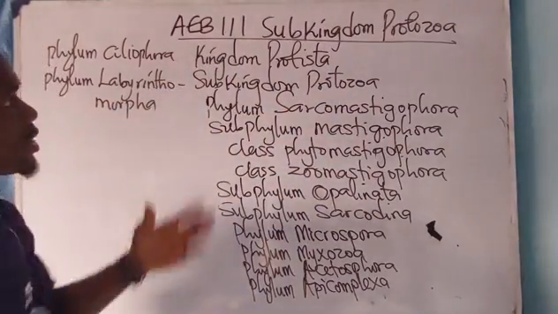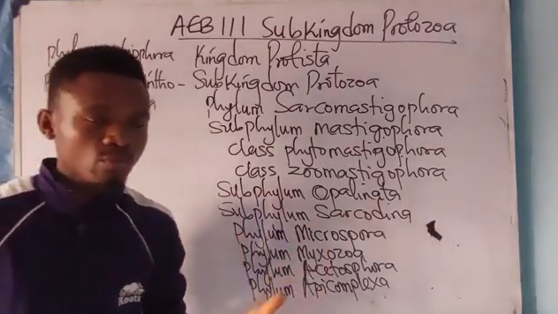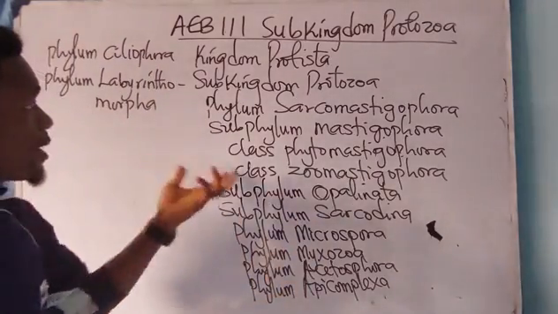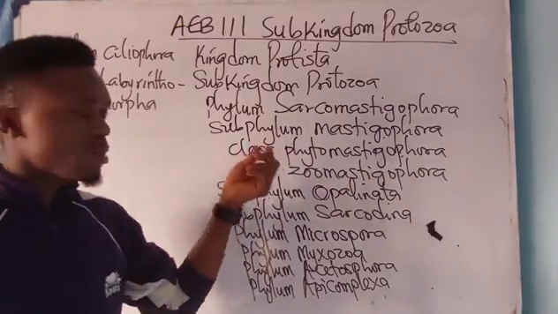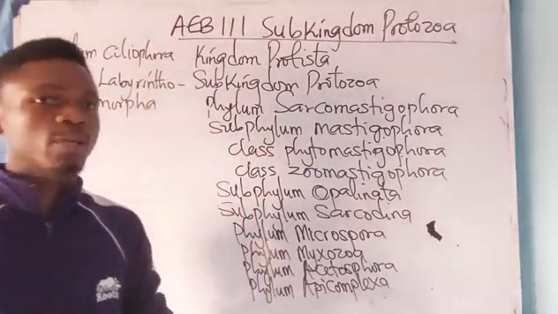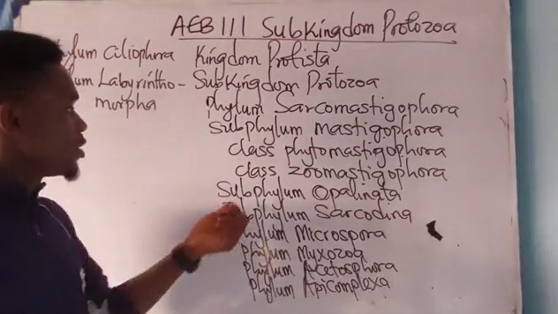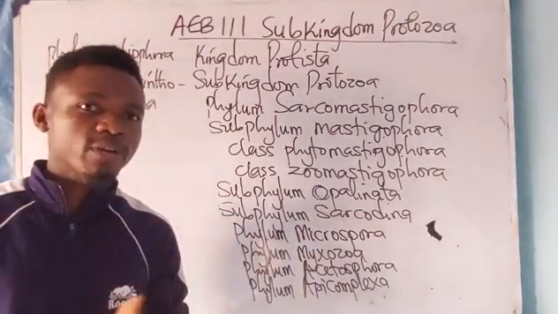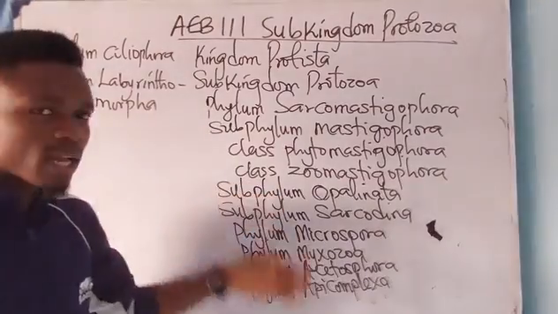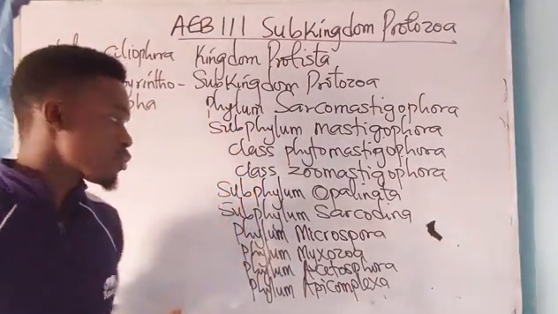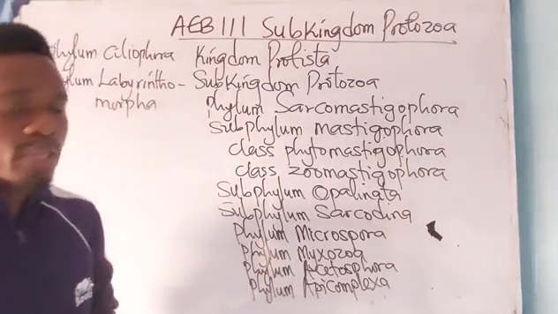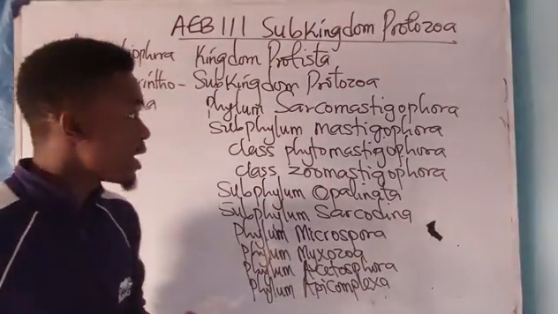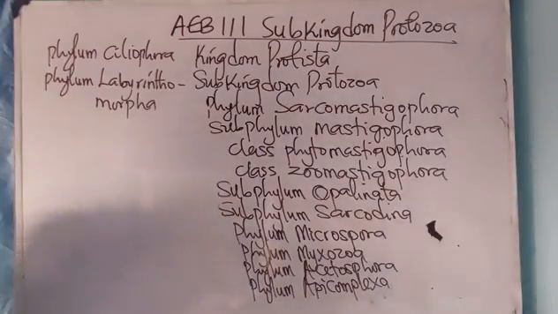It is very important. Kingdom Protista, Subkingdom Protozoa, Phylum Sarcomastigophora, Subphylum Mastigophora. You have the 2 classes, Phytomastigophora and Zoomastigophora. You have Subphylum Opalinata and Subphylum Sarcodina. You have phyla as Microspora, Myxozoa, Acetospora, Apicomplexa, Labyrinthomorpha, and the last one, Ciliophora.